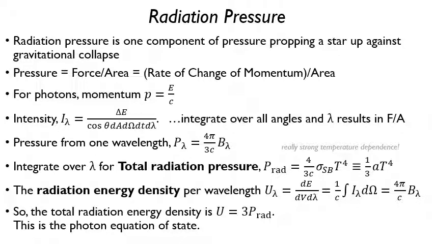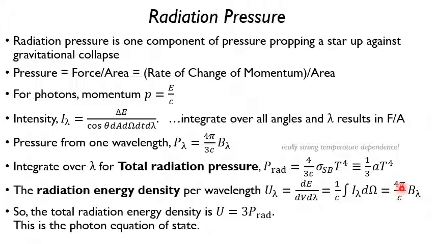So then if we want the total radiation density, you can see that the total radiation density is just 3 times the radiation pressure, right? So this is our radiation pressure at a given wavelength, and this is the energy density at a given wavelength.